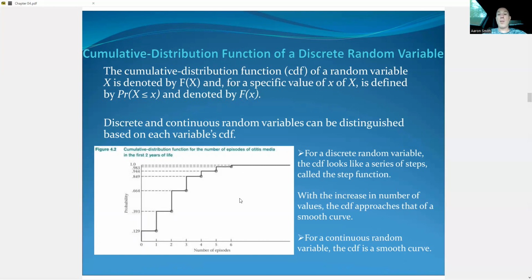And we just keep on going like that. So for a discrete random variable, the cumulative distribution function looks like stair steps. And it'll look smoother if I have more possible values. For a continuous random variable, this is going to be a smooth curve.